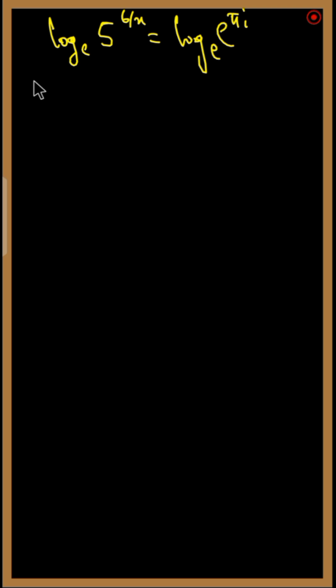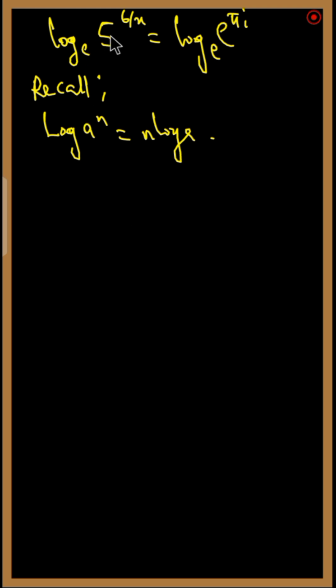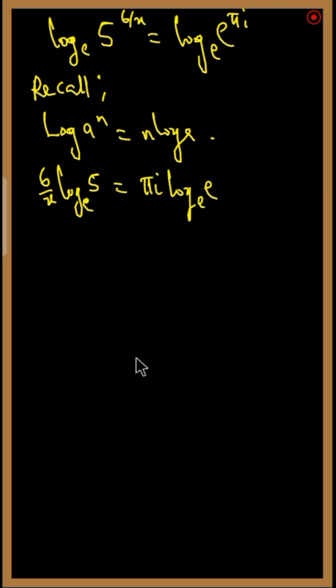Now recall from the law of logarithm, log a raised to power n is the same thing as n log a. So this power will come down. Here we are going to have 6 over x log to base e of 5 is equal to pi i log to base e of e.